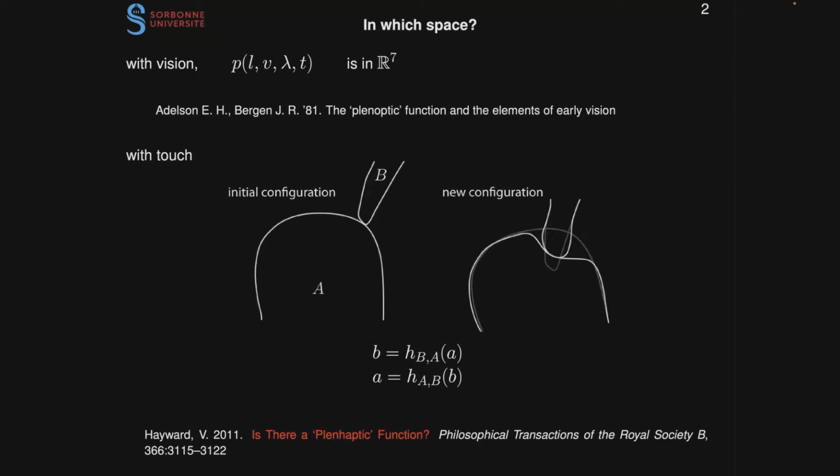The trouble is that because of the way continuum mechanics are made, the configurations of the bodies A and B are by nature infinite dimensional. Essentially the deformations of these bodies are captured by an infinite number of trajectories, which I've labeled here small a and small b, which establish this plane haptic function, meaning everything that could be felt in principle.